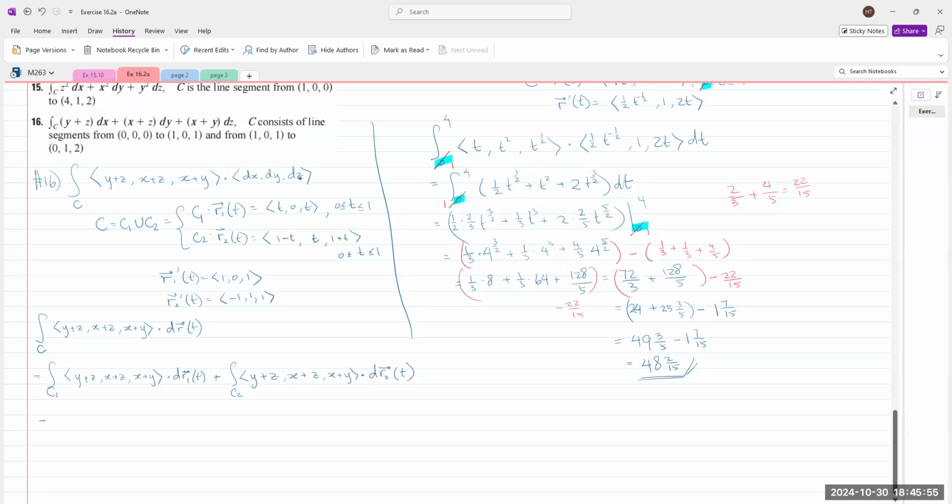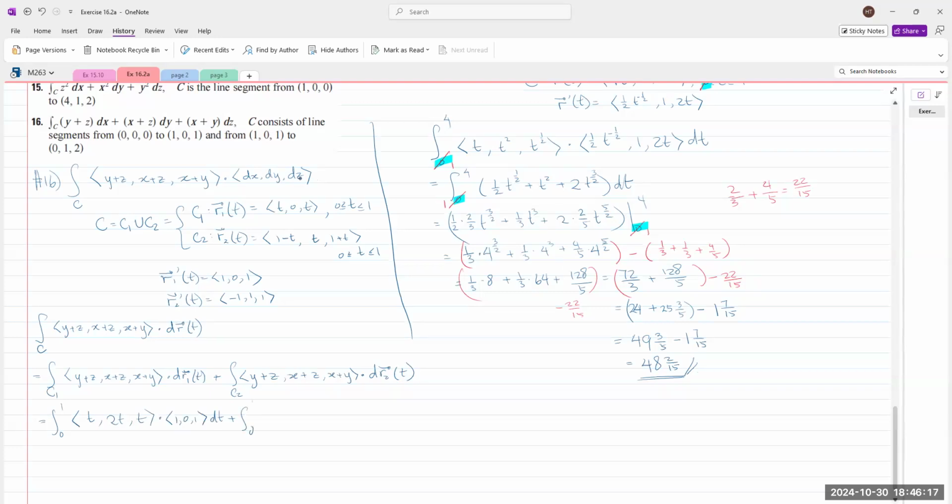Then I plug it in, 0 to 1. For the first path, y plus z is t, x plus z is 2t, x plus y is t, dot (1, 0, 1) dt.